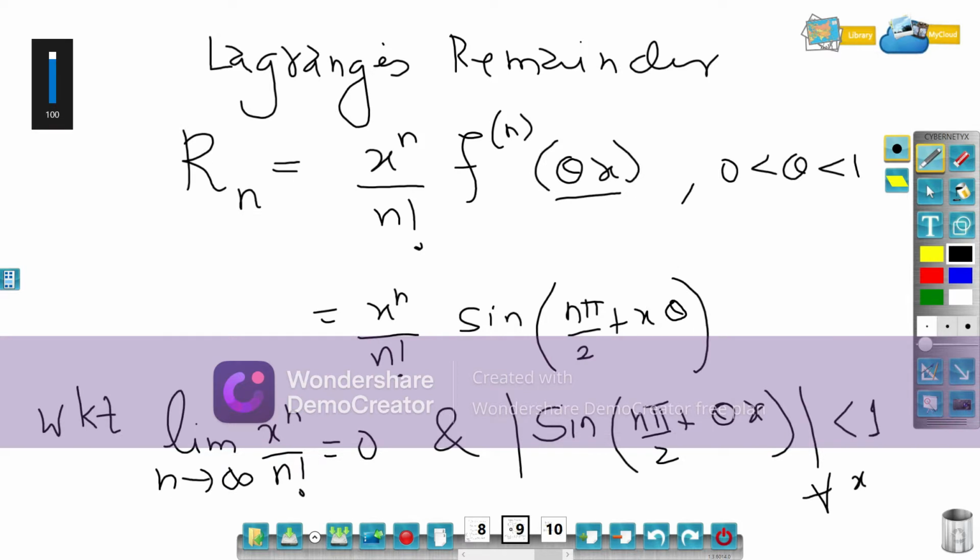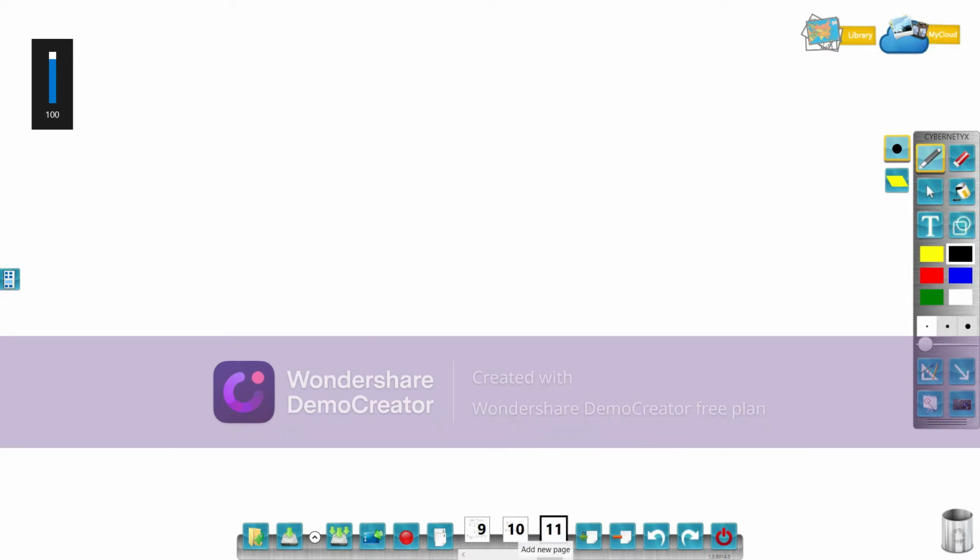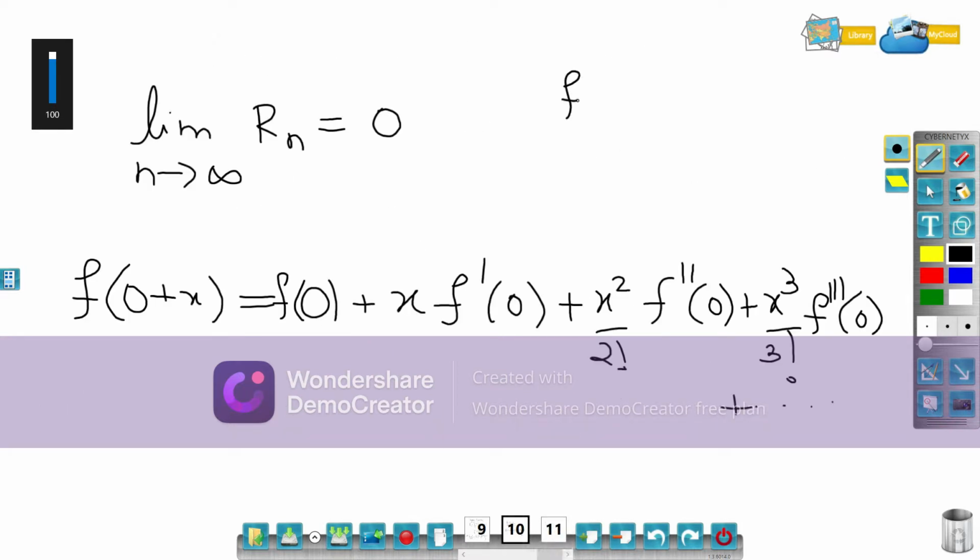But you can see that f nth at 0 is sine n pi by 2.